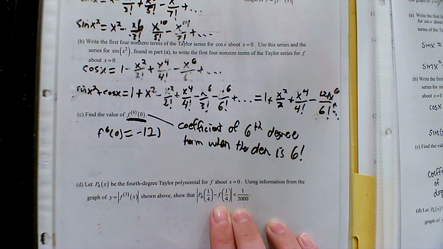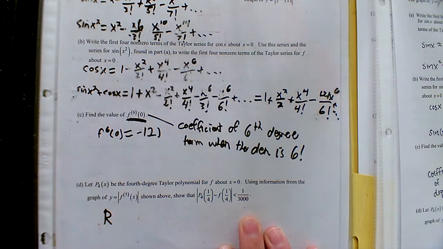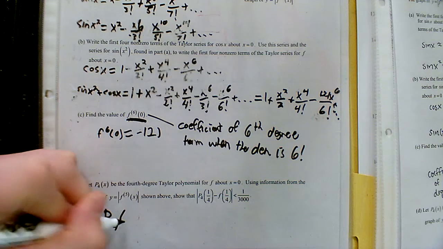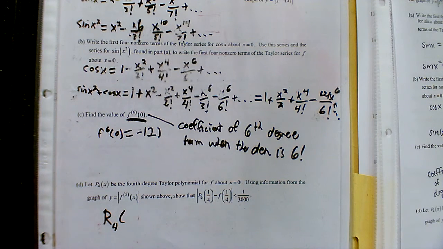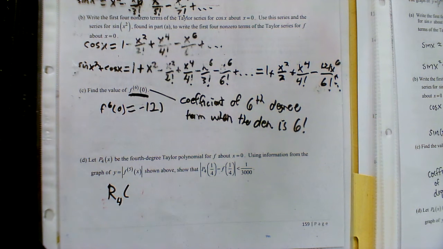This is the setup we had on that first page when we started talking about Lagrange error bound. We said this is the setup, you subtract them, take the absolute value. The error is the difference between the approximation and the actual. Okay. So what we're actually finding, this is the polynomial 4, so we're finding the remainder, or that error that we were talking about, 4th degree. And what value are we finding that at? We know the center's at 0, but where are we trying to approximate?